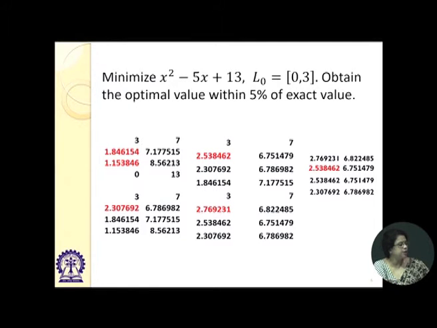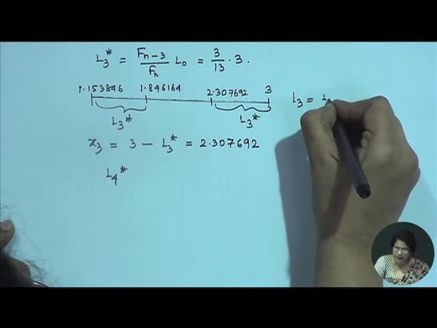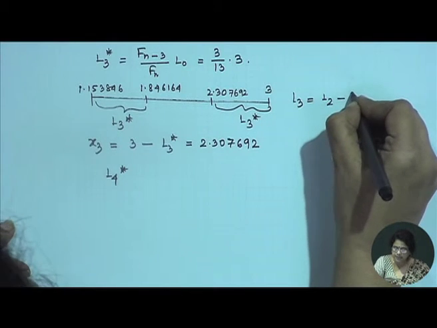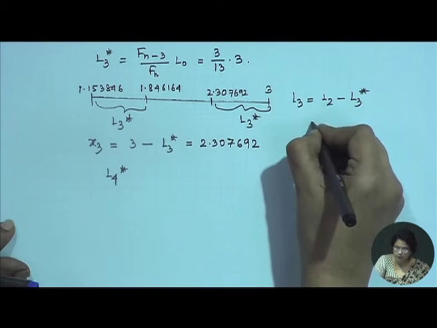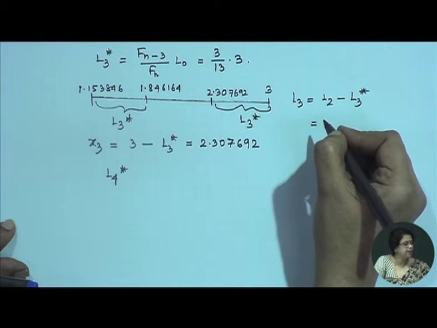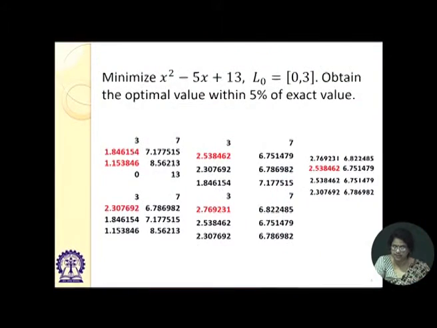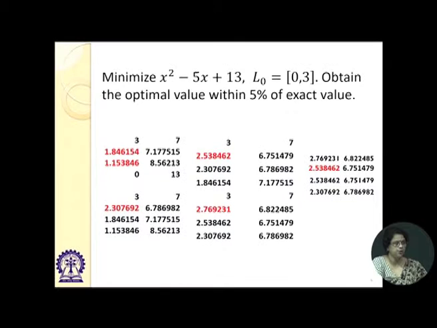That's why the new interval of uncertainty would be 3 to 1.846154, and this size, L3, would always be equal to L2 minus F3 star. That is whatever L2 value I had previously, minus this. You check it. This is the value you need to check.